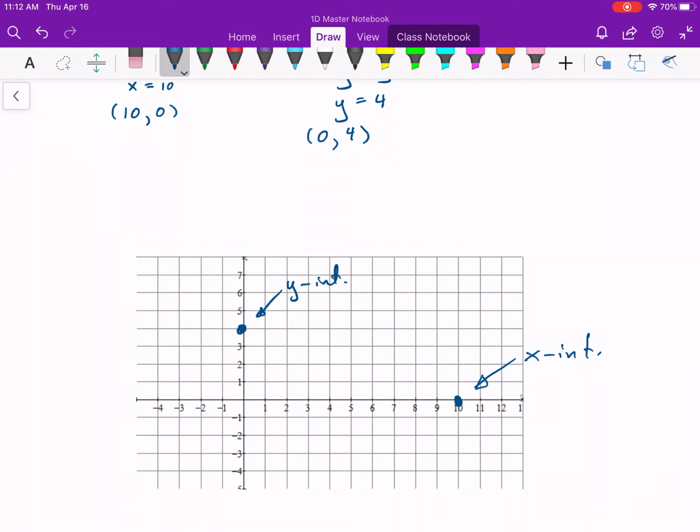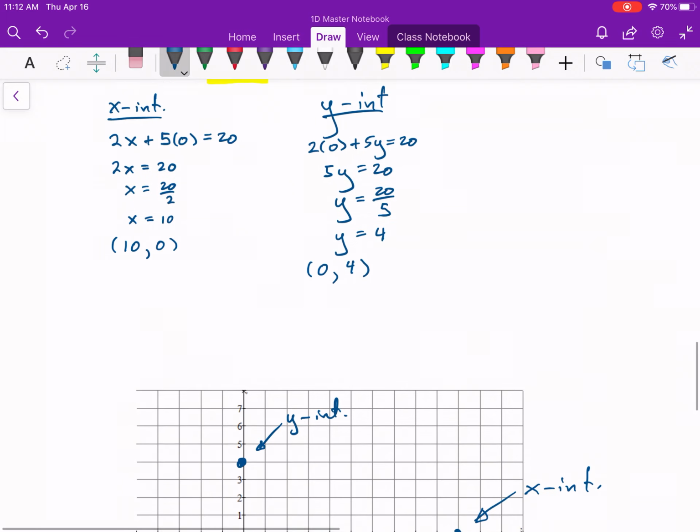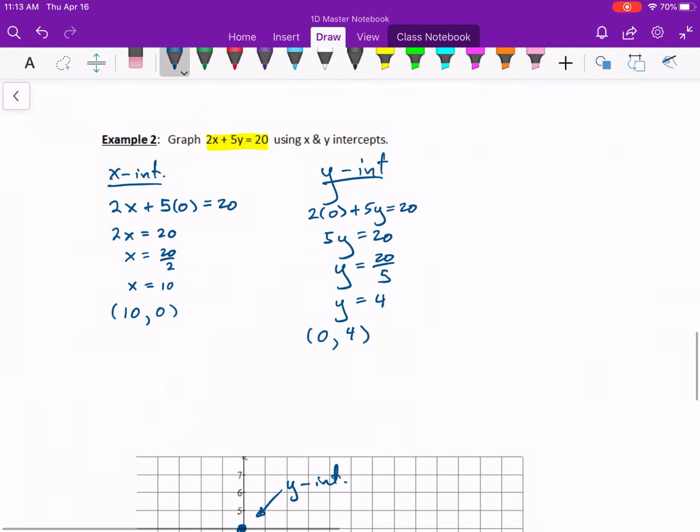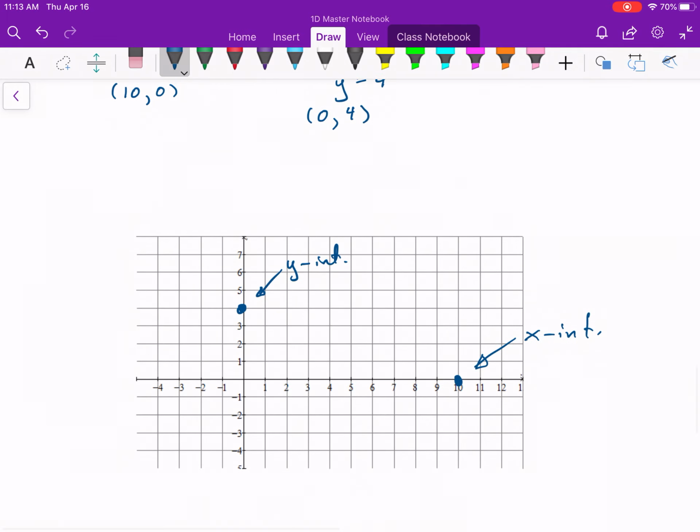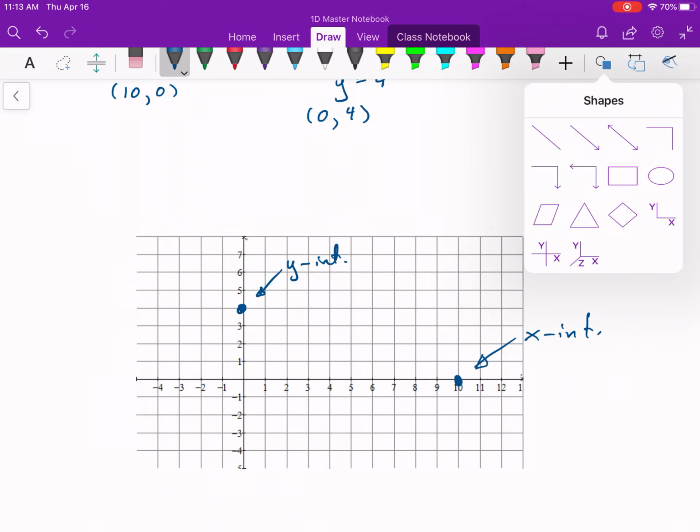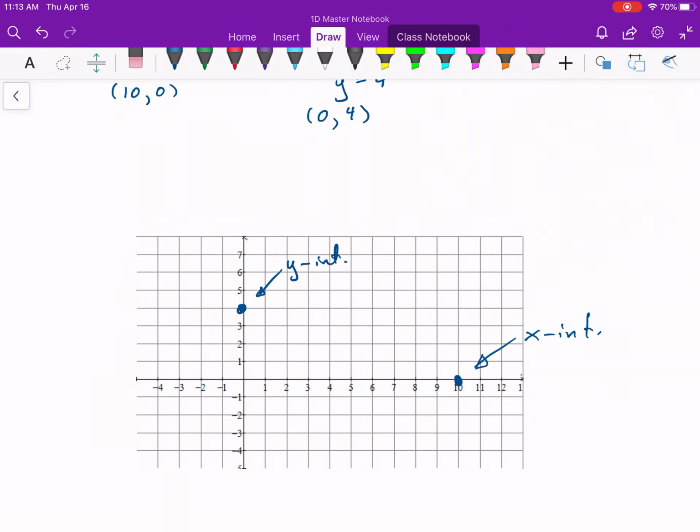So these 2 points are on the line 2x plus 5y equals 20, and if I connect these points, I know that the line has to go through there. Let's see, try to ballpark this line. No, I missed. All right, let me count.